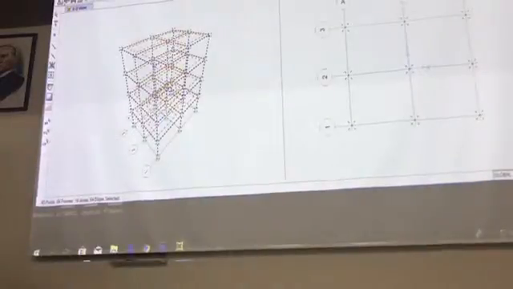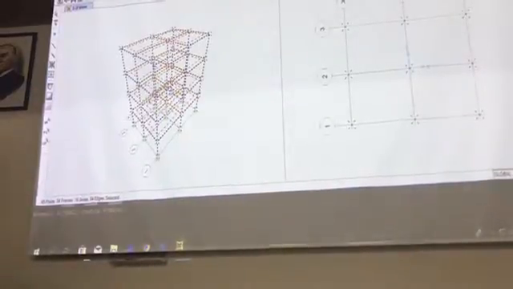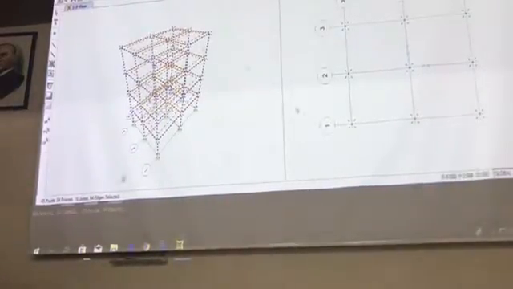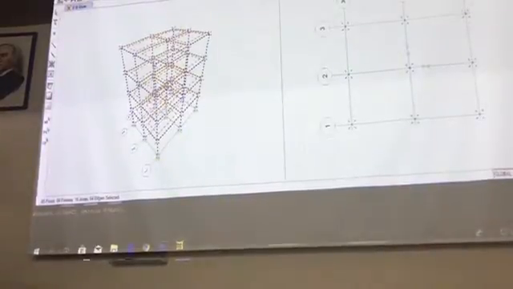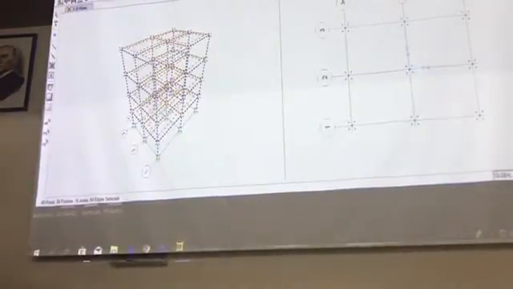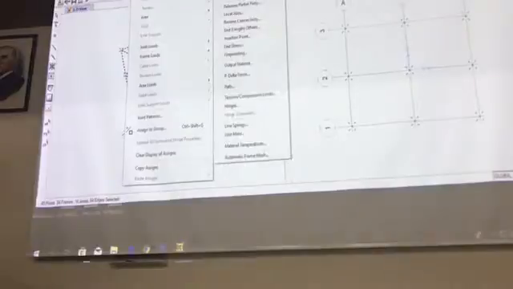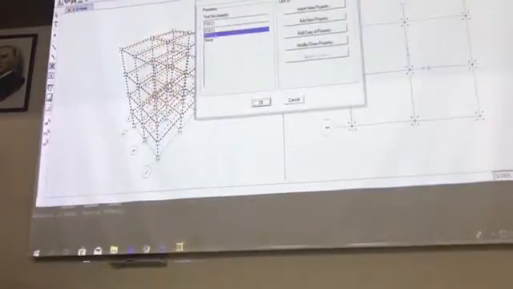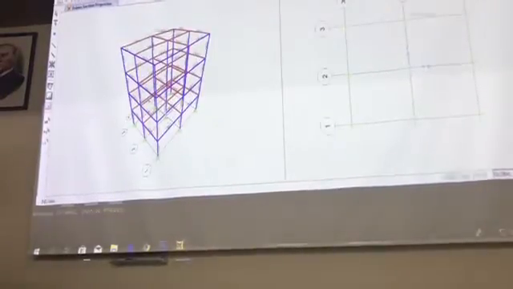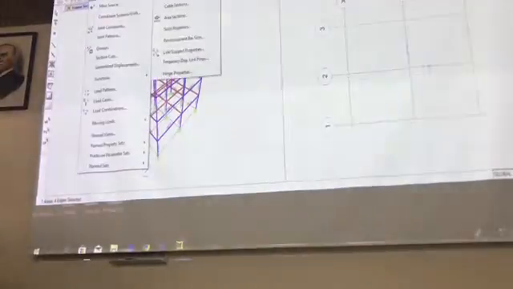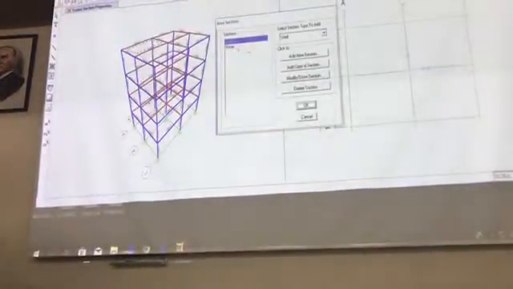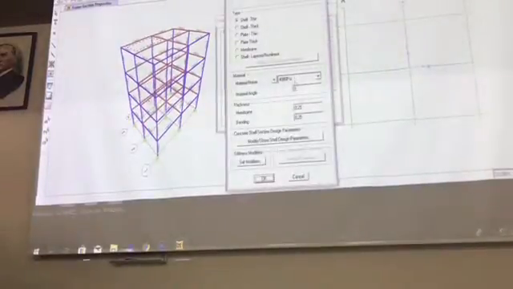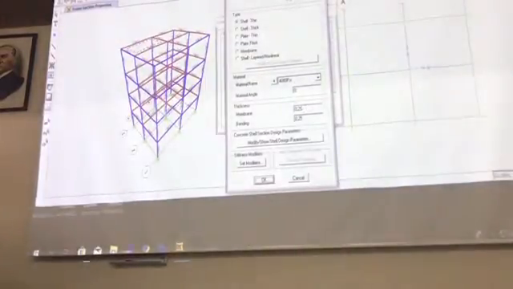This is a similar structure, okay? Not exactly the same structure. Assign frame sections. This is a similar structure. What about our area? Area sections, modify. Okay, this is 25 meter.